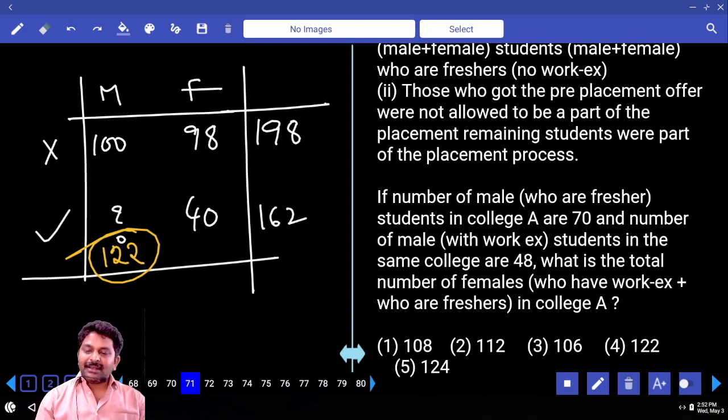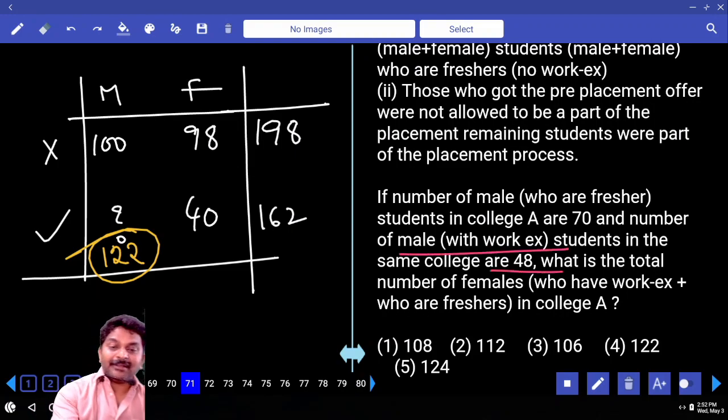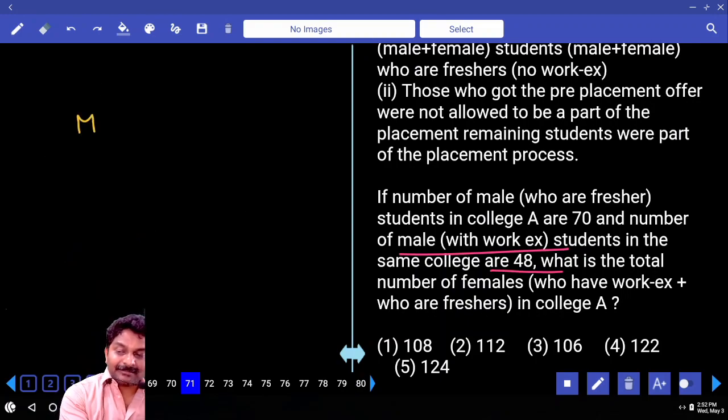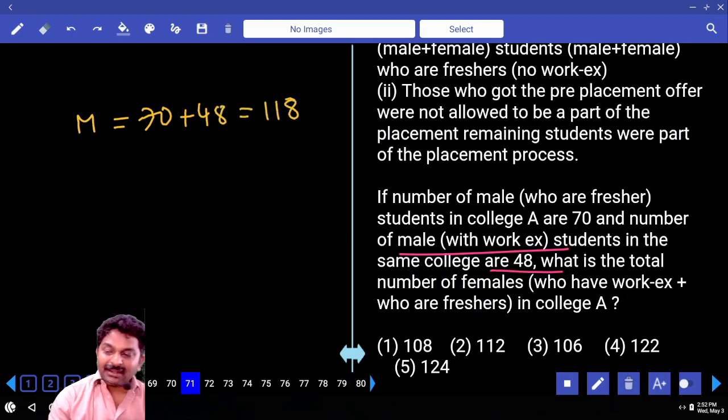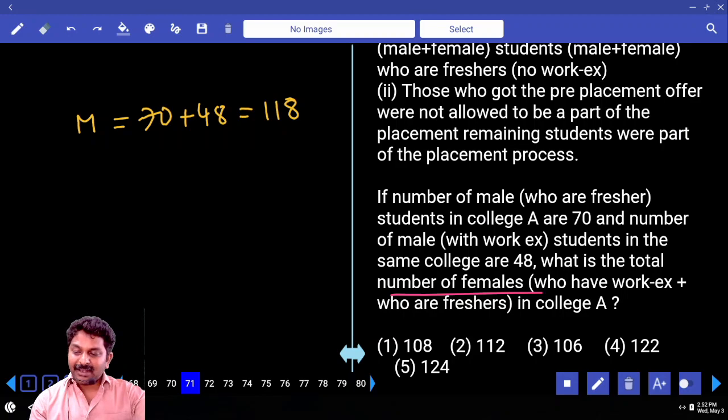If the number of male students in college A are 70, the number of male freshers is 70. With work experience students in the same college are 48. That means total how many male are there? 70 plus 48, right? 118. What is the number of female in college A?